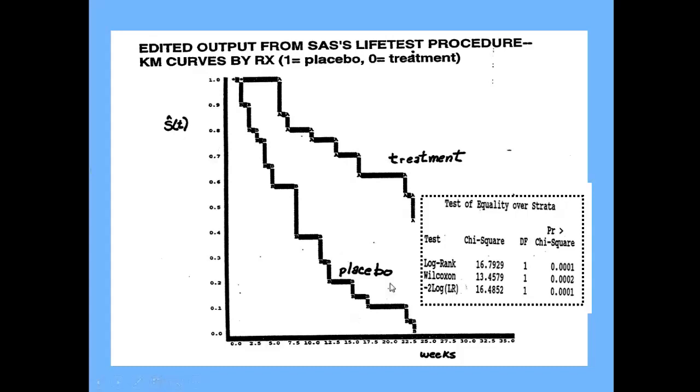Okay? So the Wilcoxon test, if you decide you want to emphasize the earlier part of the curve, now when would you want to do that? Well, there are a lot of reasons why people want to do things. It could be you're only interested in what's happening early on. You're not interested in letting the study drag out, or you think people are failing early on and you want to look at what's happening early on.